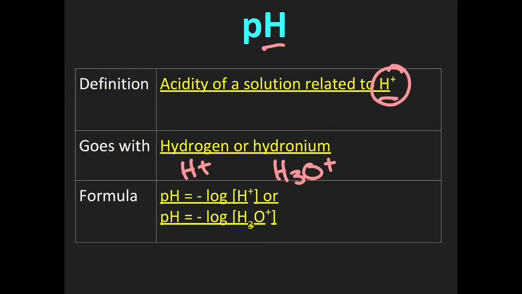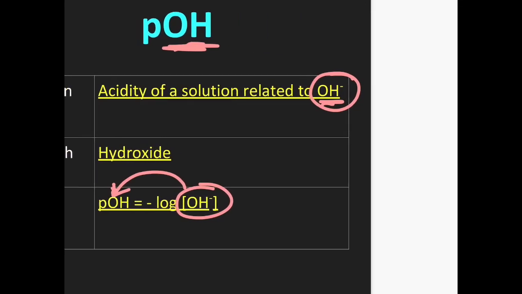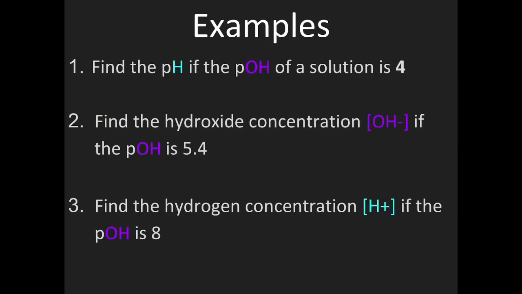OH will never go with H. So this talks about hydroxide, and our formula to go back and forth would be the negative log of hydroxide concentration is going to take me back to my pOH. So now that we have taken a quick look at that, we're going to work through some examples so that you can see what we're talking about.